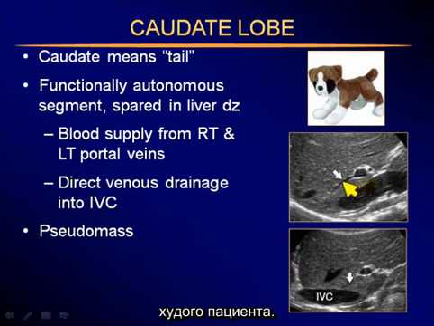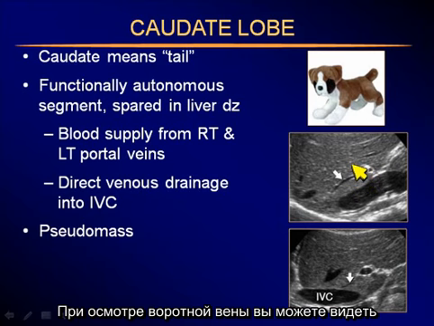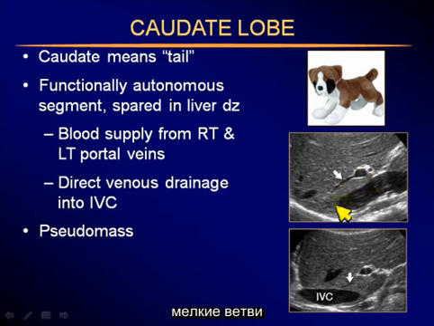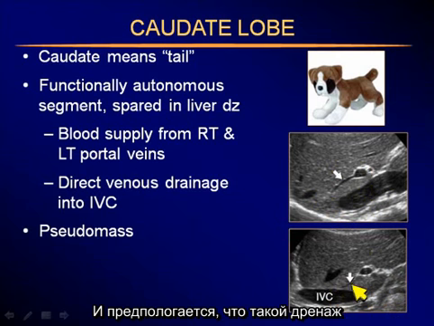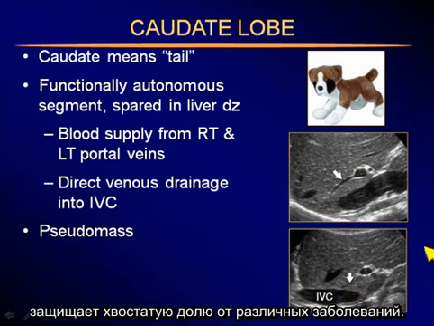If you have a good patient, a thin patient, and you look around the portal veins, you can see small branches entering the caudate lobe, and you can also see separate venous drainage directly into the inferior vena cava. And supposedly that drainage here is what helps to protect the caudate from other diseases.